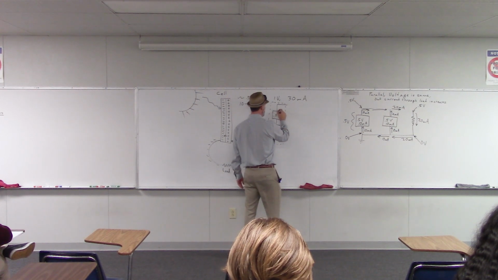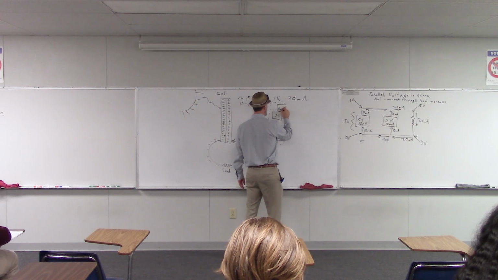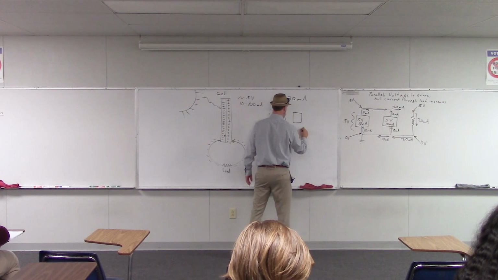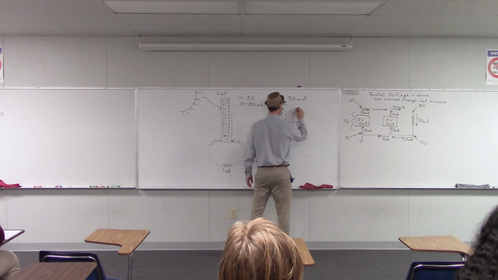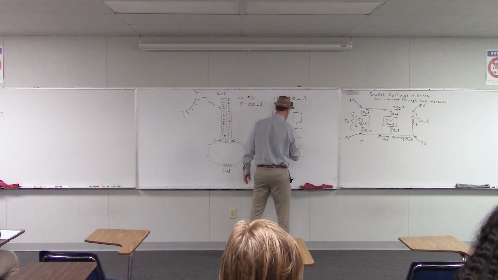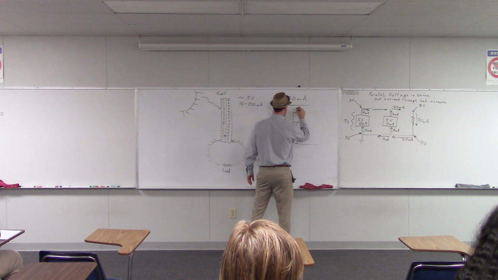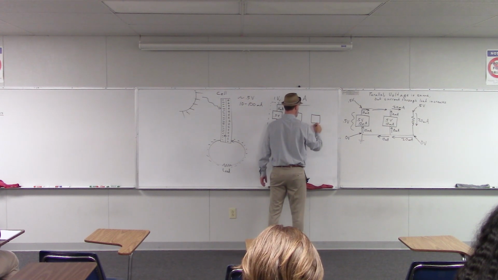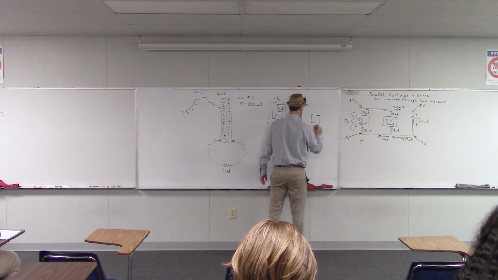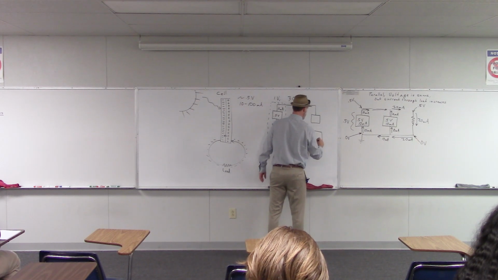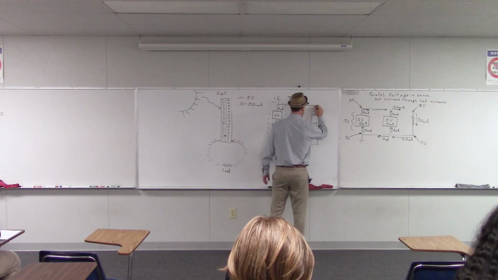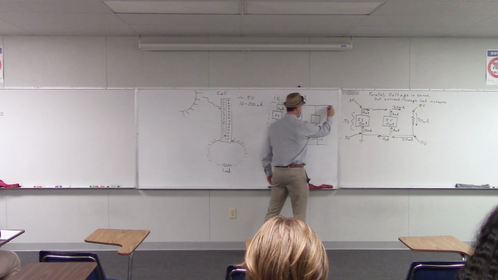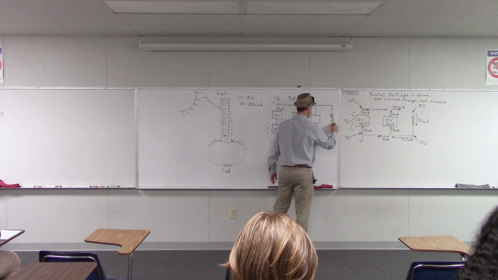So you would get 10 milliamps from this one, and then you could do the same thing over here. And then one more time. And then that would give you 1 volt and 30 milliamps that could flow through your load over here.